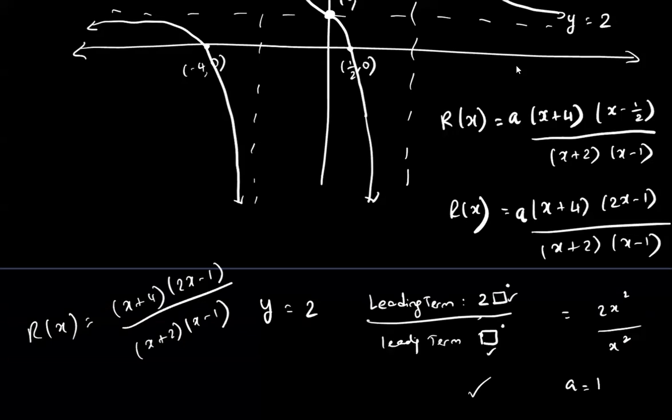Now, suppose the horizontal asymptote doesn't match exactly, you will have to adjust this number so that it matches your horizontal asymptote. Okay, so some adjustments might be necessary. You might have to multiply it by some number, divide it by some number, whatever it is. You'll have to make some adjustments. All right.